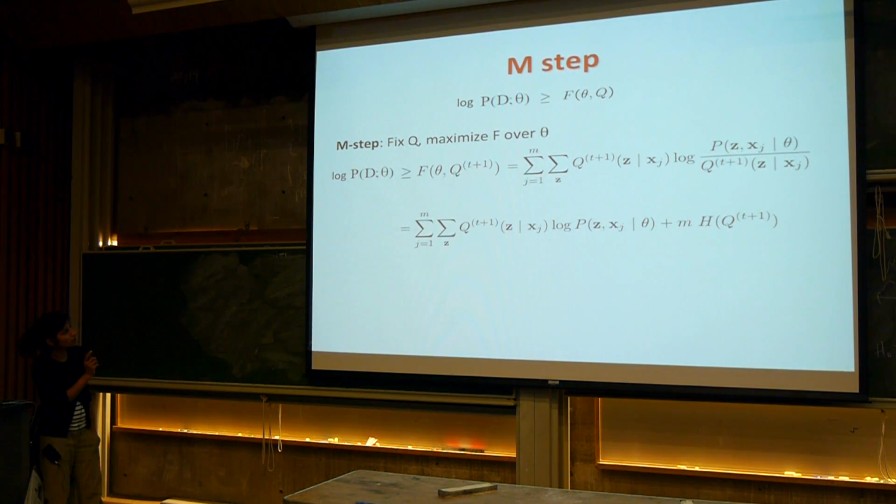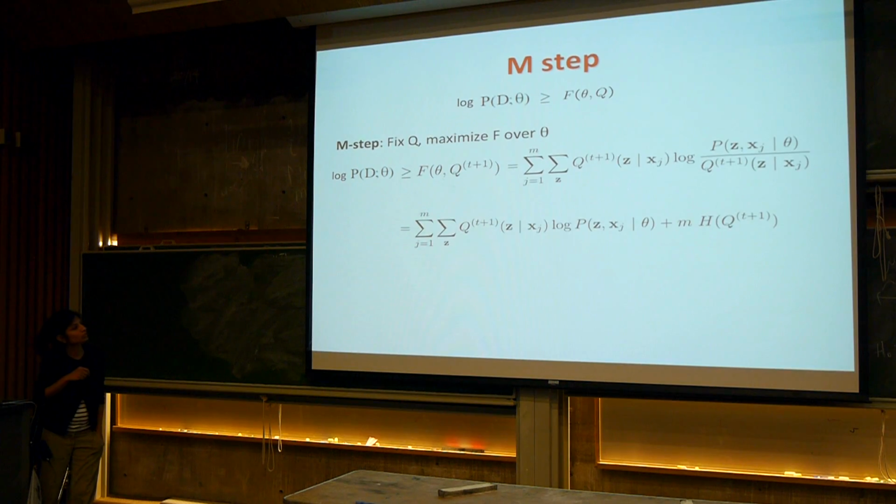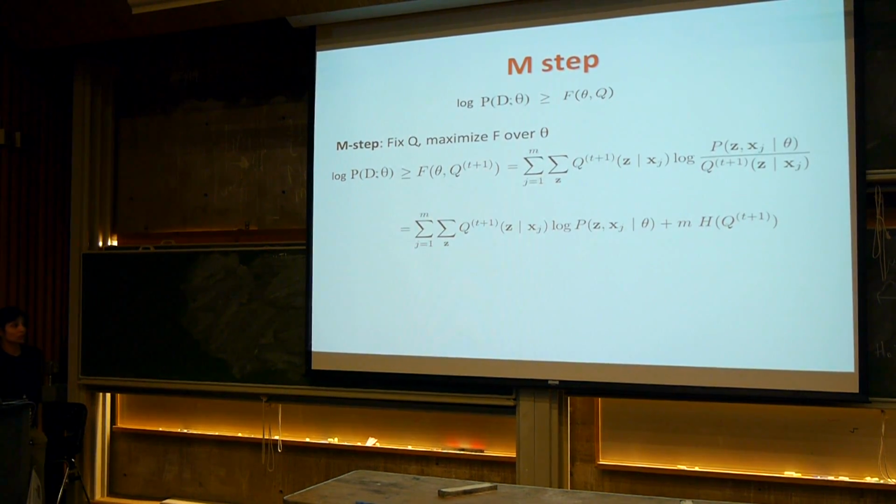In general it's different for each data point, so it's better to write it as a sum over j of this, instead of m times that. The distribution is going to be different for each data point. That's a good point.